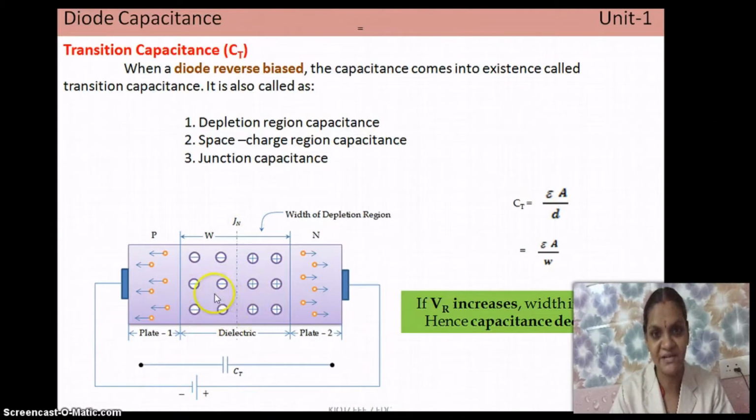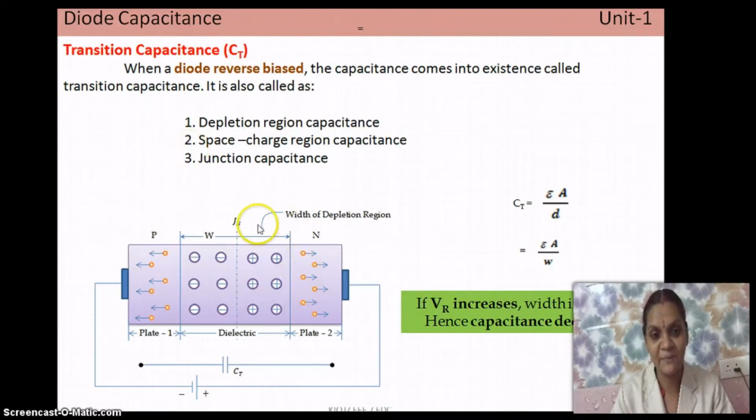On the left side of this depletion region we have a P-type semiconductor with positive majority charges, acting as plate 1, and on the N side we have an N-type semiconductor with electrons as majority charge carriers, acting as plate 2. The two parallel plates are separated by an insulating or dielectric medium, so it possesses capacitance.